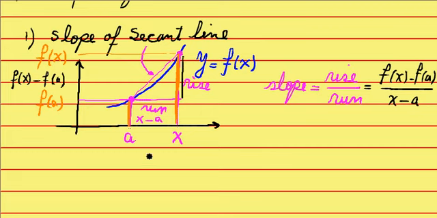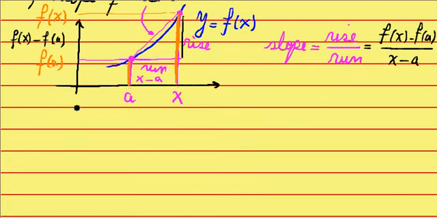Well, the next step, we came to the issue of finding the slope of the tangent line. And to do that, we said, okay, let's take the same shape.